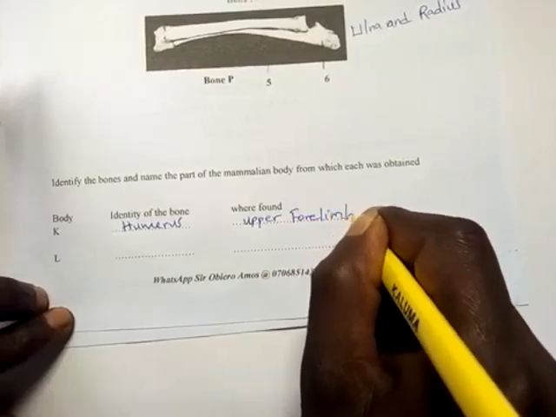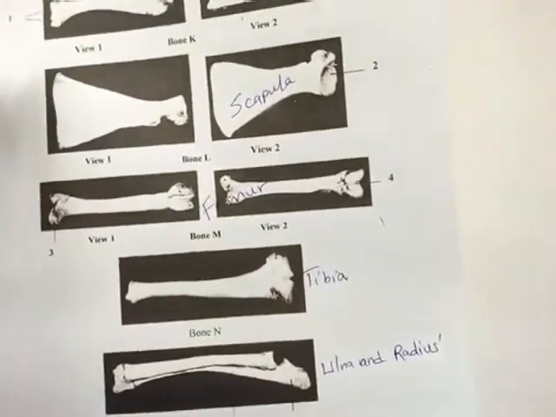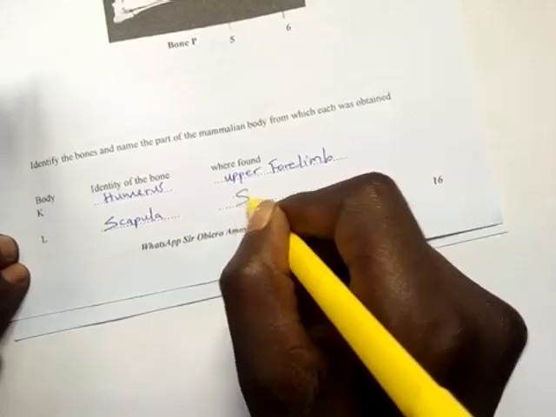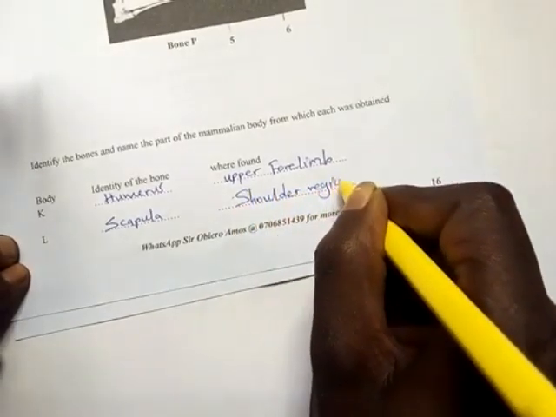While bone L is the scapula, and it is found in the shoulder region.